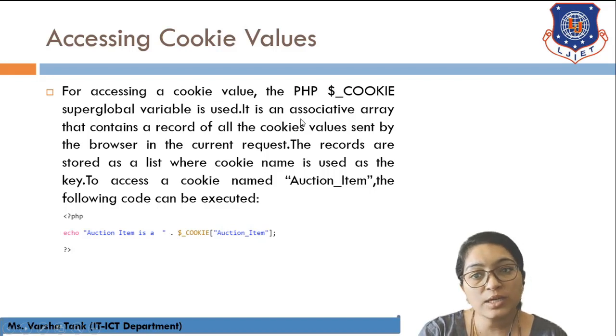It is an associative array that contains the record of all the cookie values sent by the browser in the current request. The records are stored as a list where the cookie name is used as the key. So to access the cookie named auction item, the following code can be executed. What you have to write? Echo auction item is dollar cookie auction item. So this is the name of the value. Like this way you can access the cookie values.